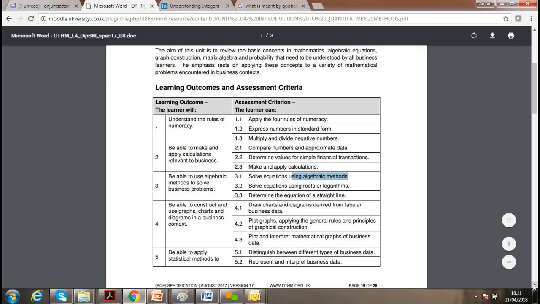So what the graph is showing, which one is the highest value, lowest value, 360-degree pie chart, and all these, which we'll go through under learning outcome 4.